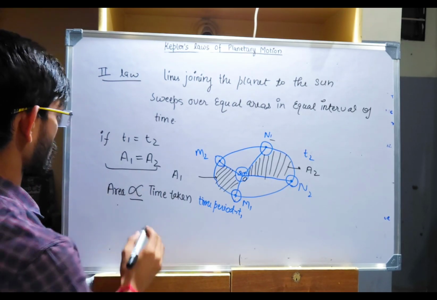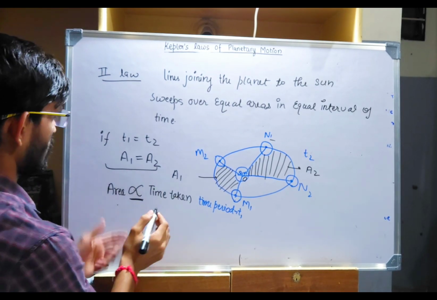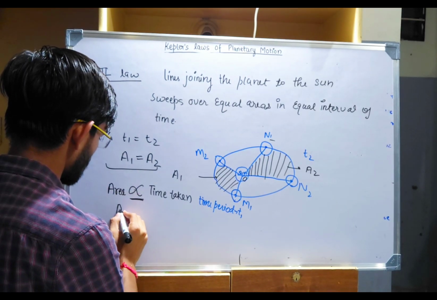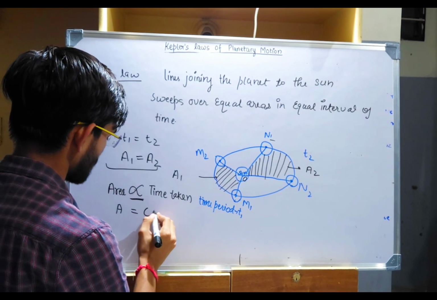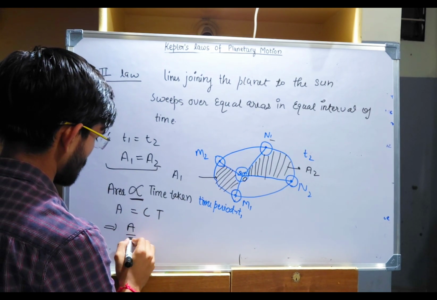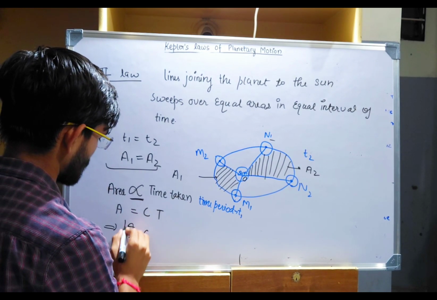And to replace this proportionality symbol with an equal sign, I have to put a constant. That means I can write A upon T equal to C.